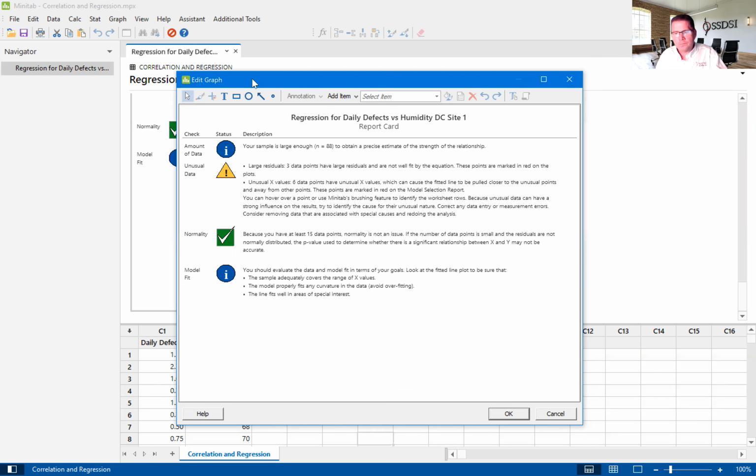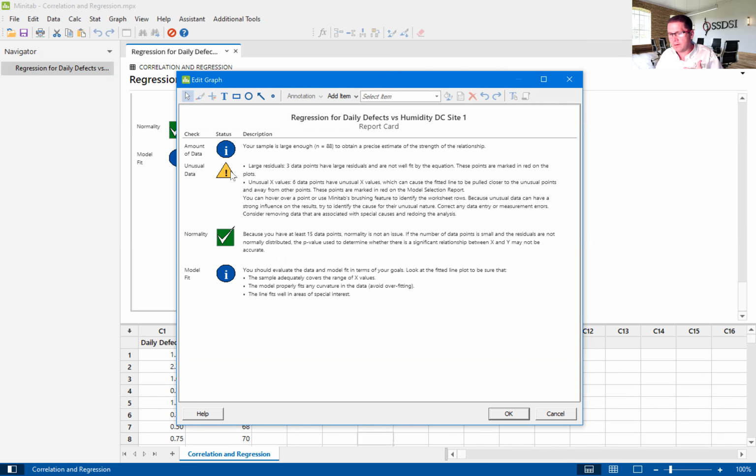It says our sample's large enough, just giving us information. Under unusual data, it says that we may have some large residuals. Three data points have large residuals and are not well fit by the equation. I'll show you that here in a minute.